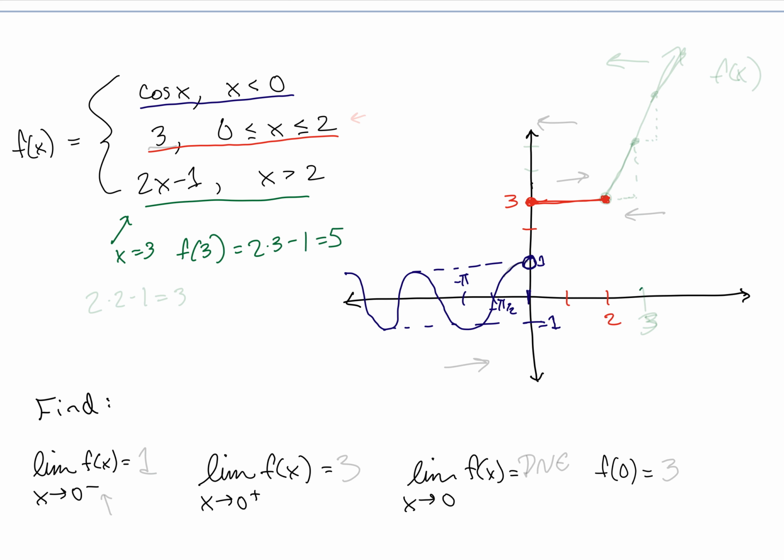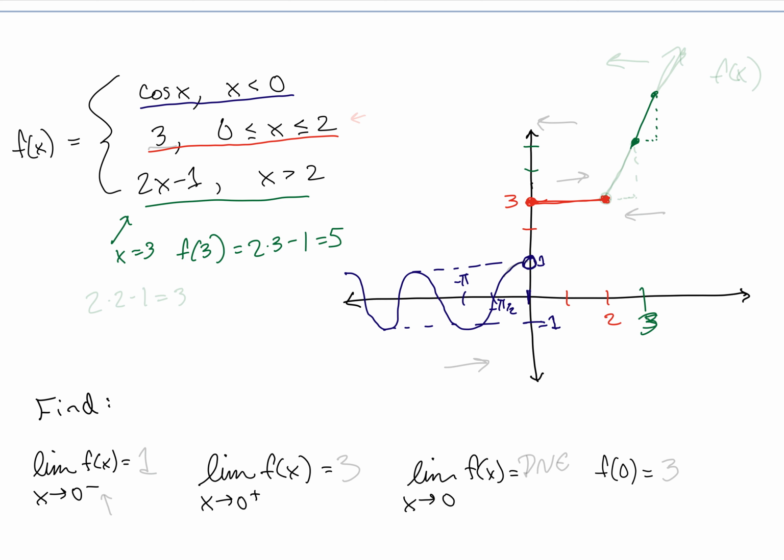So f of 3 should be 5. 1, 2, 5. And then let's think about this function. This has a slope of 2. So for every 1 it goes over, it goes up 2. So it's a linear function like that.